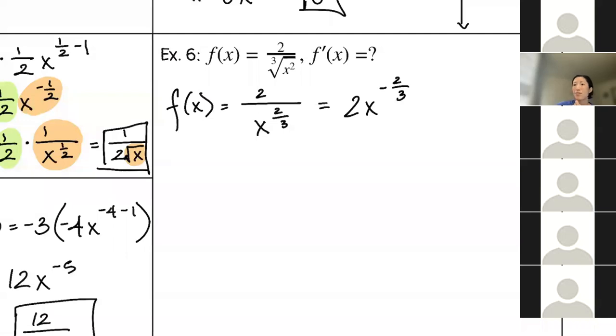The 2 and the 3, neither of those are making it negative. What's making it negative? Anybody else know what's making this negative? The fact that it's on the denominator. Yeah, we're moving it. Exactly. Does that make sense, Vincent?